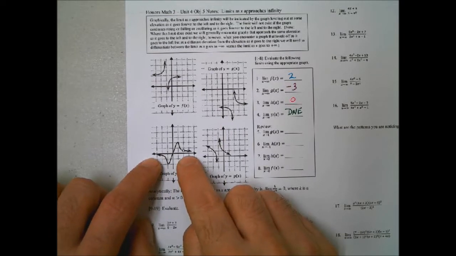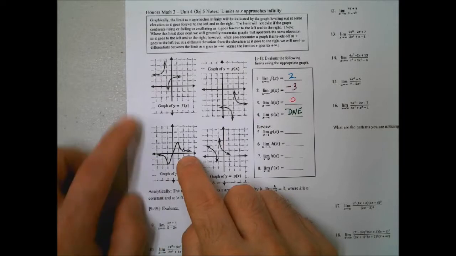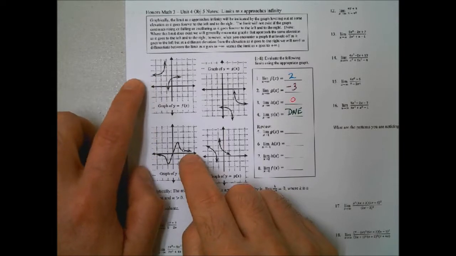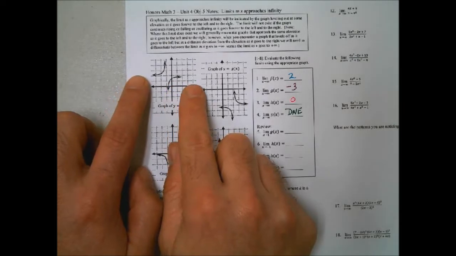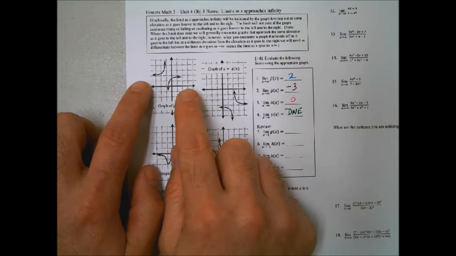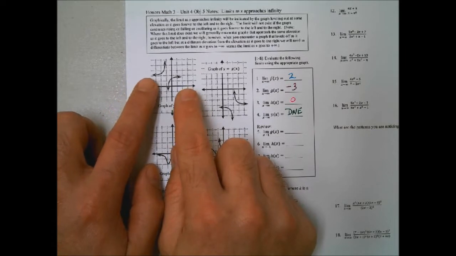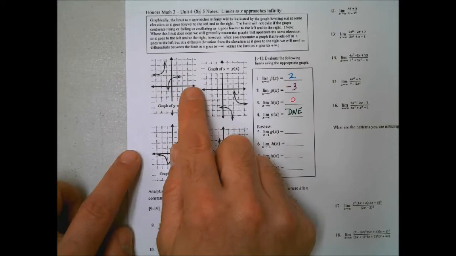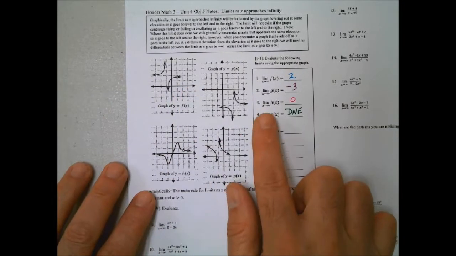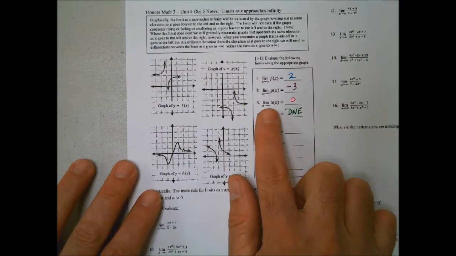It is possible to have a function where it levels off at one elevation going to the left and it levels off to a different elevation as it goes to the right. If that is the case, then you'll just have to do the limit as x goes to negative infinity separate from the limit as x goes to positive infinity. But in general, if we're not really differentiating, it's just limit as x goes to infinity.